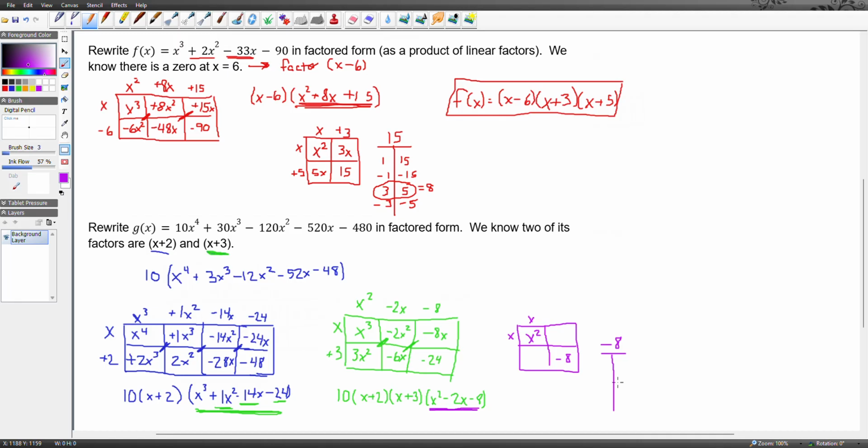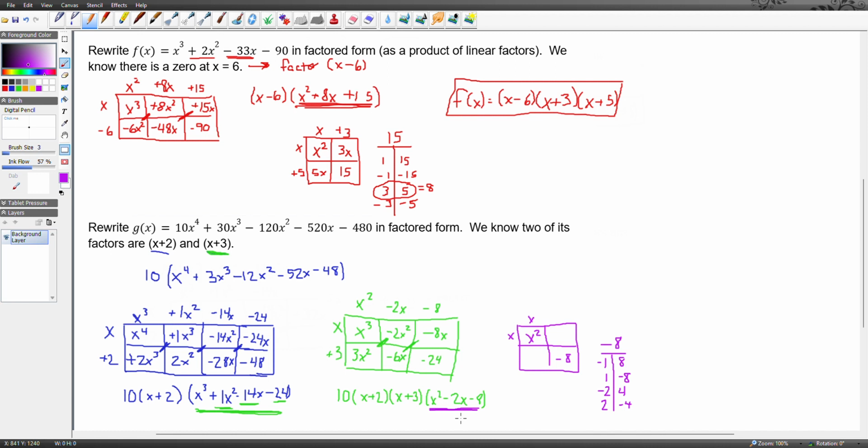So the factors of negative 8 could be negative 1 and 8, or positive 1, negative 8. Could be negative 2 times 4, or 2 times negative 4. I know I always have to have one positive, one negative if I want to make a negative 8. And that's the whole list of ways to get to negative 8.